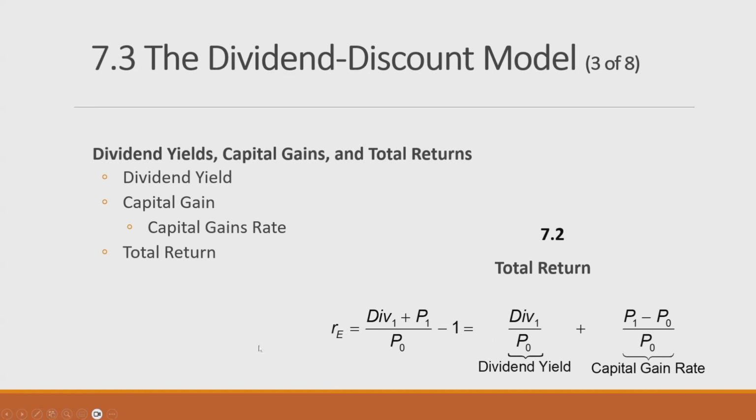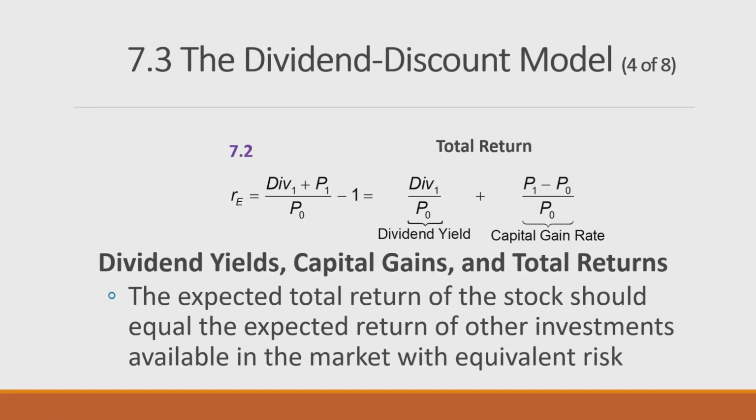It asserts that the stock's total return should align with the equity cost of capital, implying that the expected return from the stock matches that of other investments in the market with similar risk profiles. Here I brought up the 7.2 equation over so you can still see it.